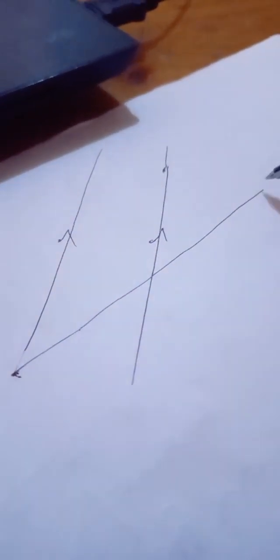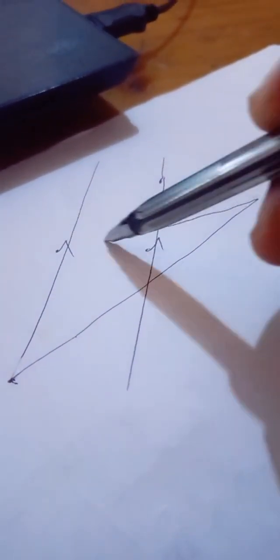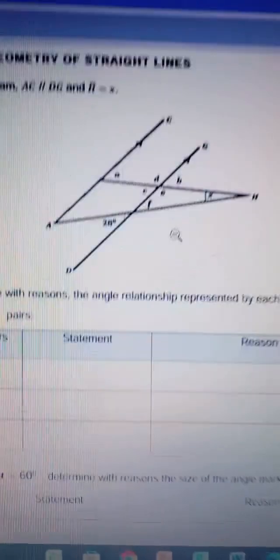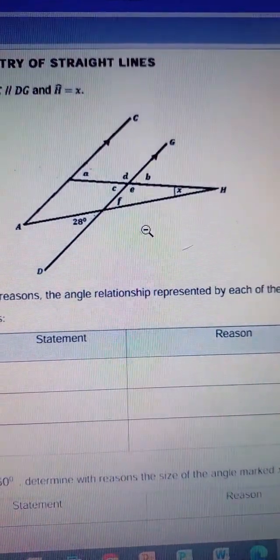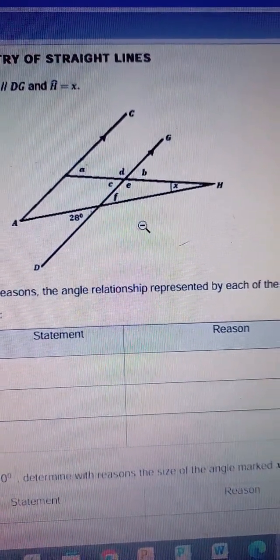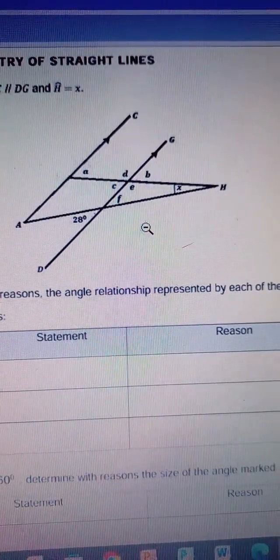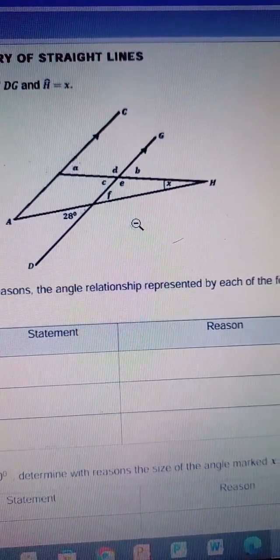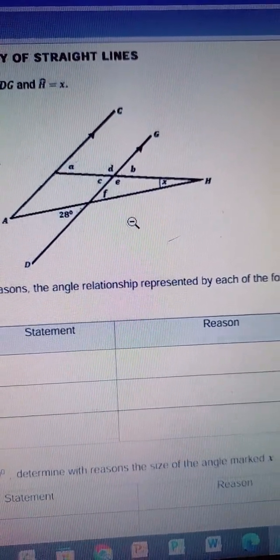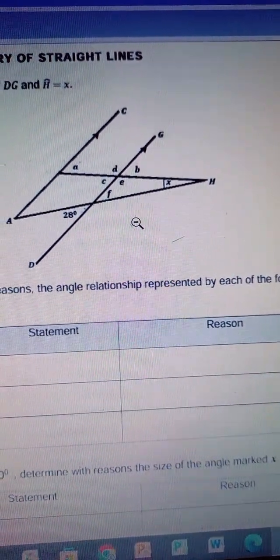And then this creates a triangle, like this. This is the question. So there is A, D, B, C, E, F, and then you have X.